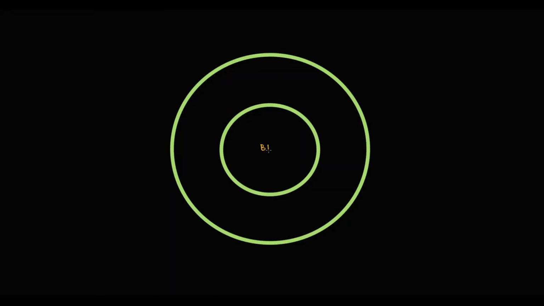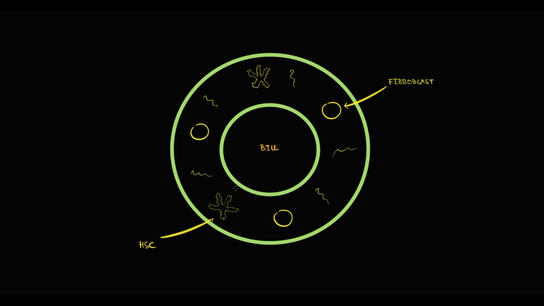So let's illustrate this from a different view. Here we have a bile duct. Inside the bile duct there is bile, and within the walls of the bile duct there are fibroblasts and hepatic stellate cells. With inflammation, both hepatic stellate cells and fibroblasts become activated, and in response to this, they begin to produce connective tissue.